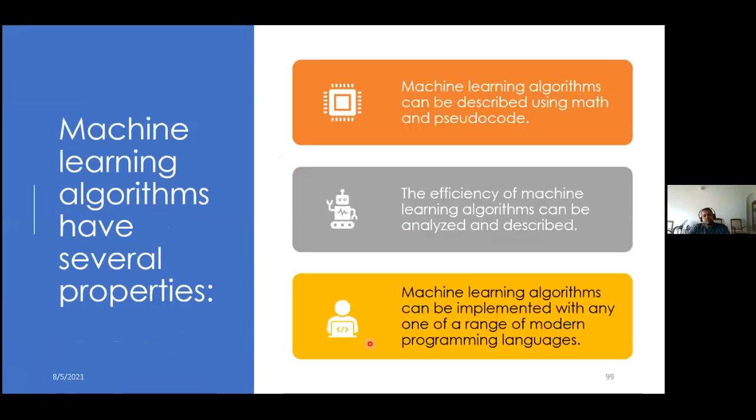You need to have a decent idea of mathematics when you do this. It can be implemented with any one or range of modern programming languages. So again, there are no limitations. The beauty of this is it doesn't limit you to a particular program or algorithm, and many of them nowadays are open source.